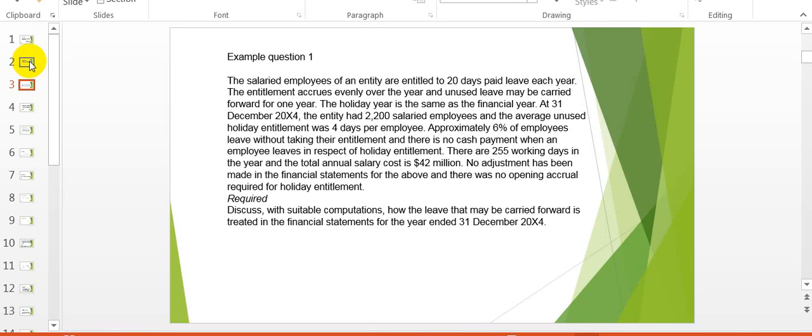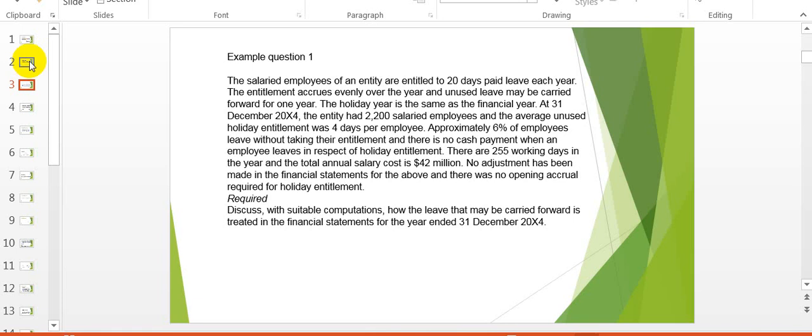The entity has 2,200 salaried employees, and approximately 6% of these employees leave in a year without taking their entitlement, and they are not entitled to any cash when they leave in respect of their holiday pay.